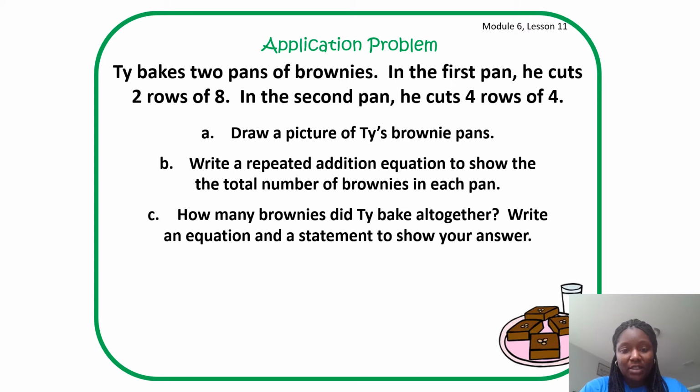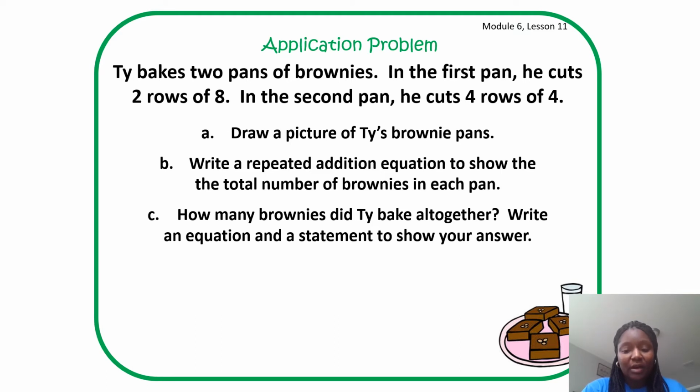Ty bakes 2 pans of brownies. In the first pan, he cuts 2 rows of 8. In the second pan, he cuts 4 rows of 4. Draw a picture of Ty's brownies. Write a repeated addition equation to show the total number of brownies in each pan.